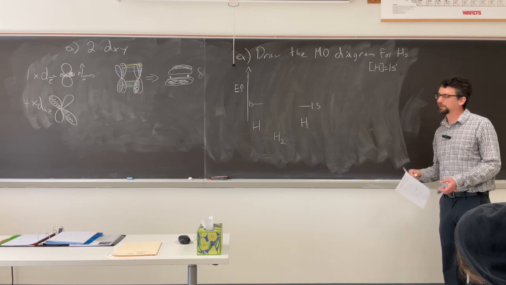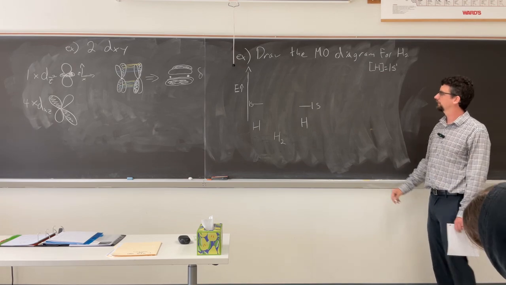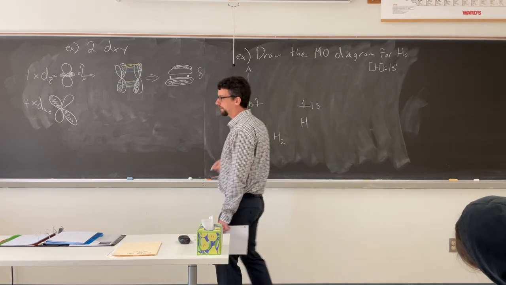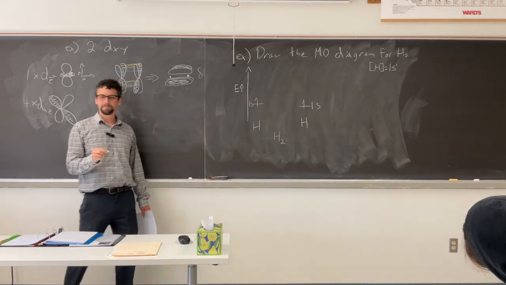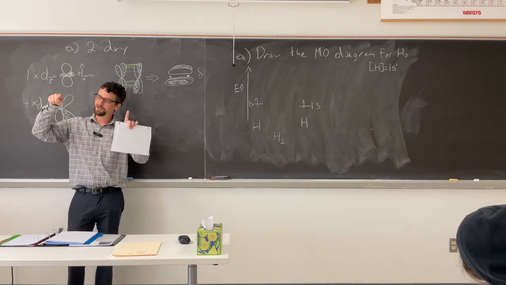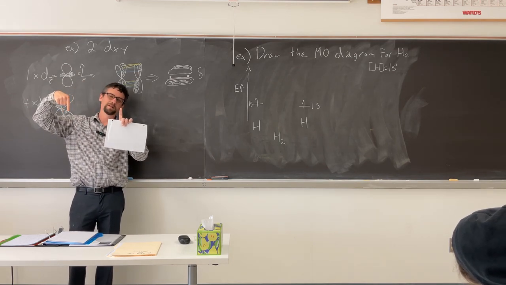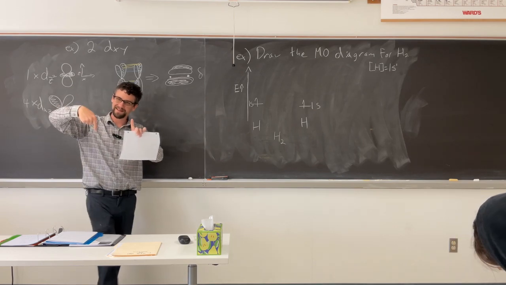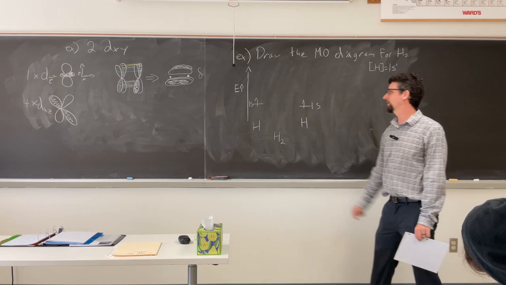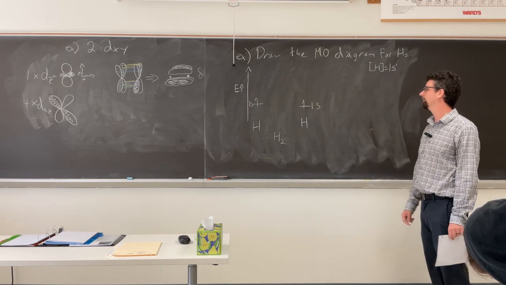How many electrons are occupying? 1. Very good. Doesn't matter if we draw them spin up or spin down. I'm learning a lot about something called parahydrogen, where you can actually have the nuclear spins either aligned or anti-aligned, which is really weird. We're not talking about nuclear spins, we're talking about electronic spins here though.